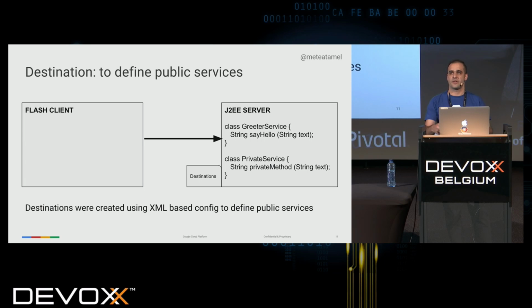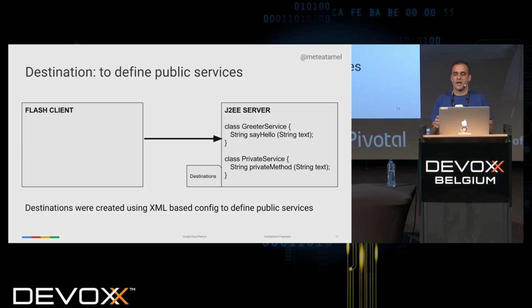You don't want to expose everything that you have on your server by default, right? So when you have these services and you have your Flash client to talk to that service, how do you actually define what's public and accessible to clients and what's private, and it should stay private?